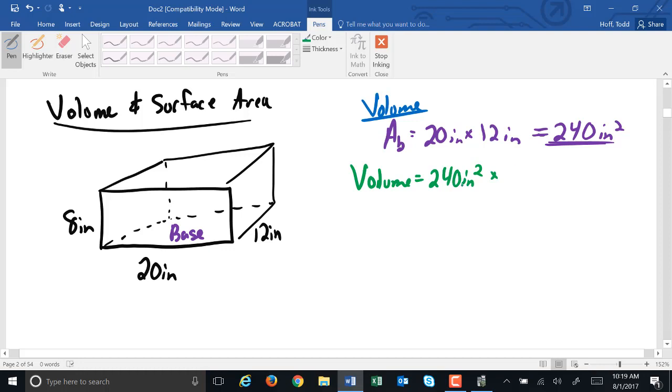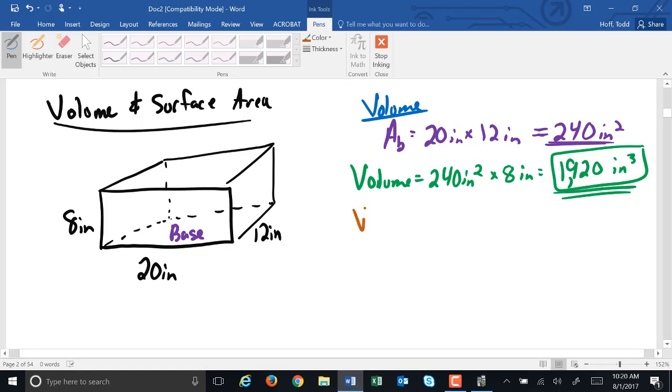Times the height. So 240 inches squared times 8 inches, which is going to give us 1,920 inches cubed. That's our volume.